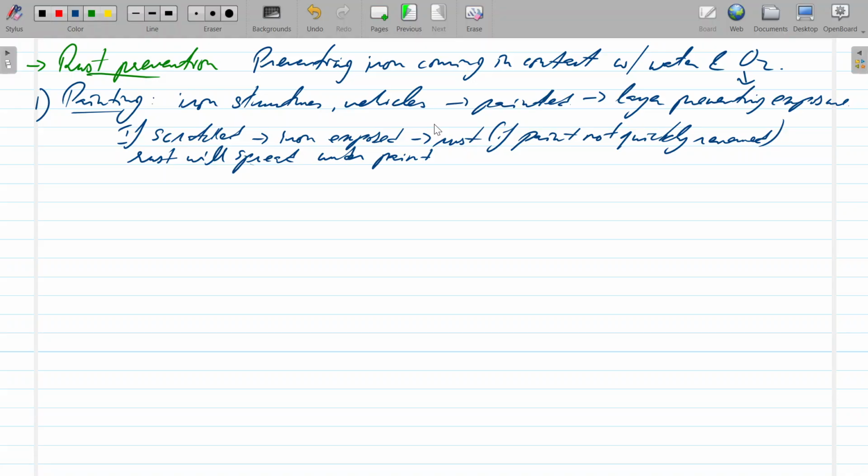That's basically what's happening. So even a small opening in the paint, because the iron is being exposed, even the part where the paint is not scratched, inside the iron will start to rust.